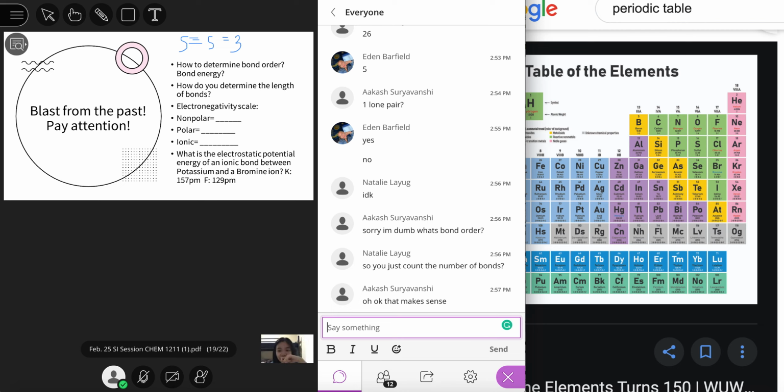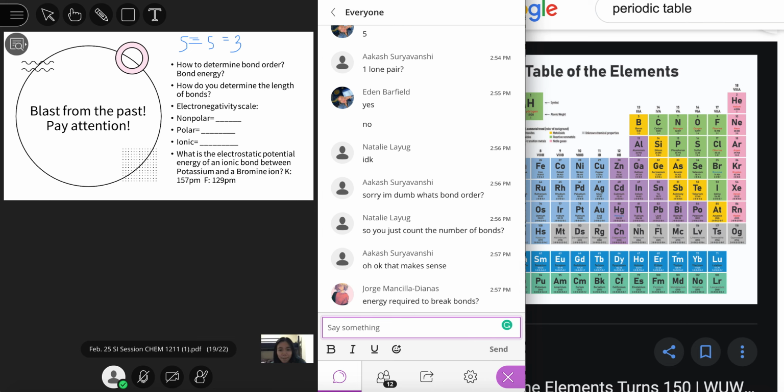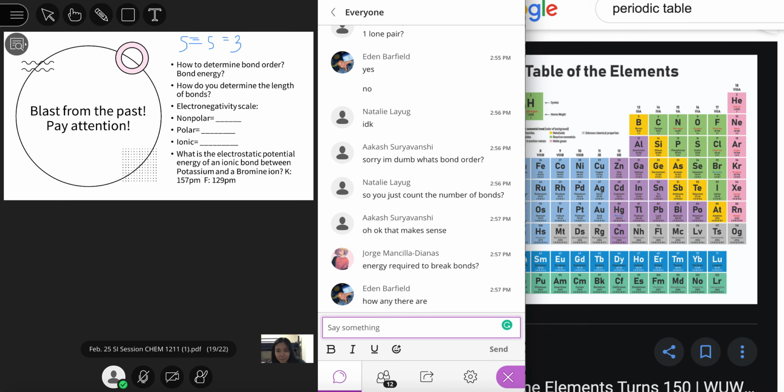And then bond energies, how would you find bond energies? How would you know looking at this? If you don't know, I can just tell you, it's okay. How many there are is bond order.